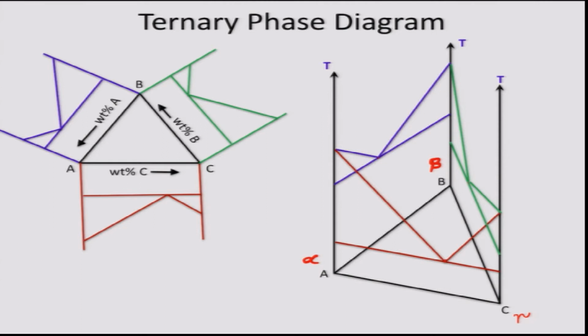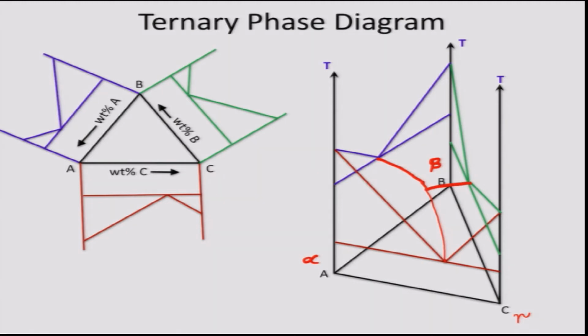So, if we extend the liquidus of all the binary phase diagrams into the ternary composition range, then it will form basically the liquidus surface of the ternary phase diagram ABC. So, if I roughly do this, I can extend this, and this is basically the liquidus surface.